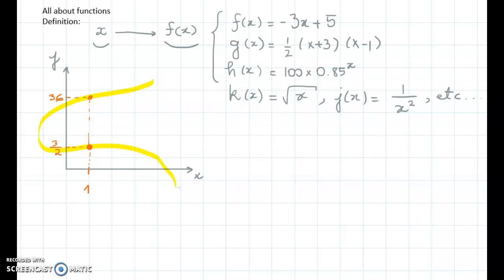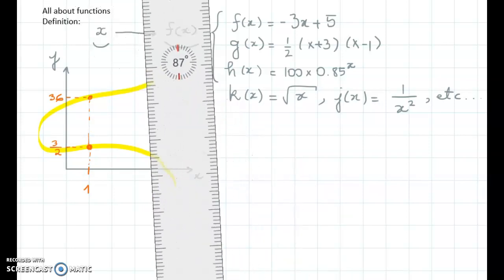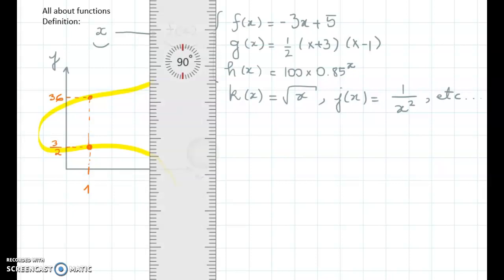So this brings us to the test that we call the vertical line test. If we have a graph and we want to know if that graph represents a function or not, what we need to do is to draw vertical lines and see if they cut the graph at one point or more.